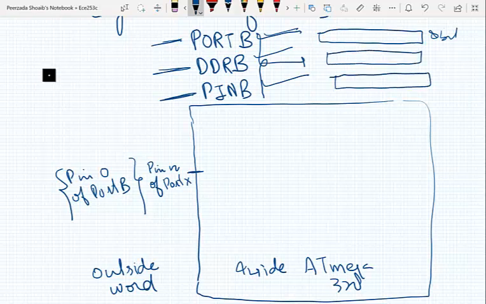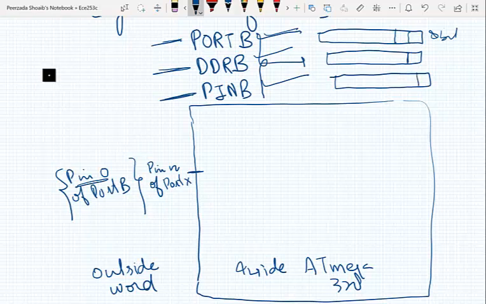So for each pin 0, there's an associated bit, maybe bit 0 of port B. For pin 1, there will be an associated bit, that's bit 1 of port B. Similarly, for DDRB, there are 8 bits. Each bit is associated with one pin of port B. So for pin 0, we will have bit 0 of DDRB and similarly bit 0 of pin B.